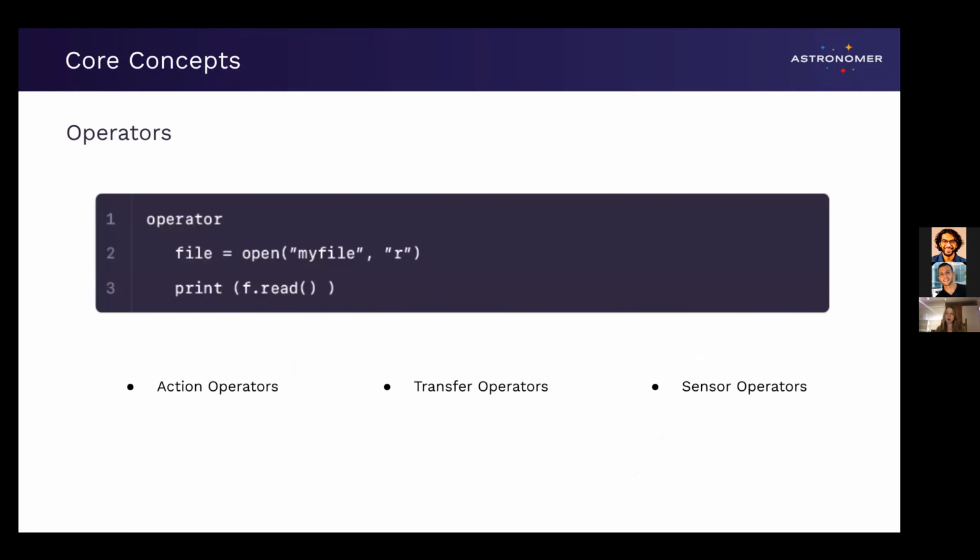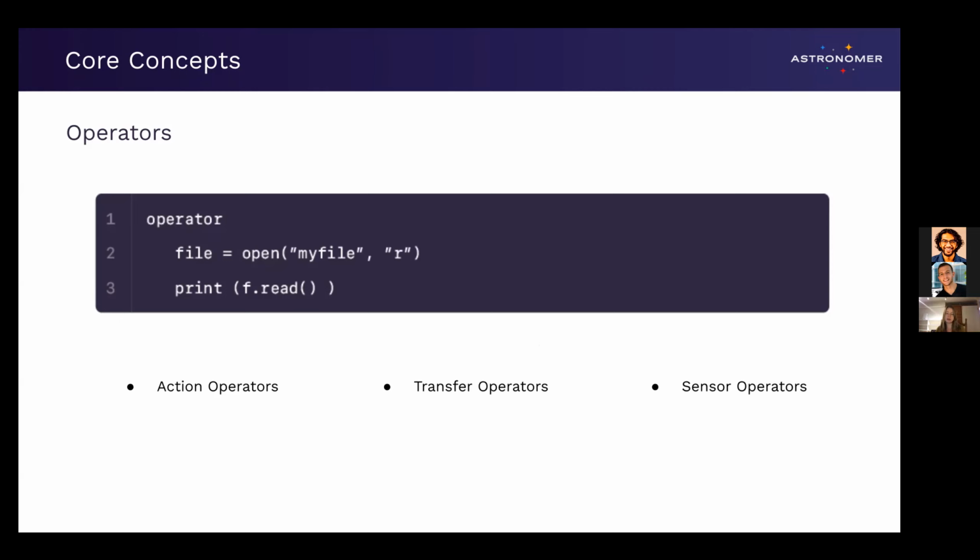One level deeper, within DAGs, you have operators. So operators are the building blocks of Airflow, and you can think of them as a wrapper around each task that's going to define what that task actually does. There are a couple of different main types of operators we generally refer to here that are listed at the bottom of this slide. So action operators, think of as execute a thing or a piece of code.